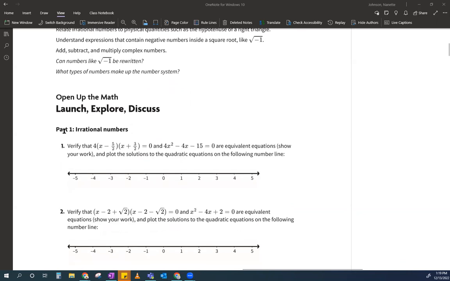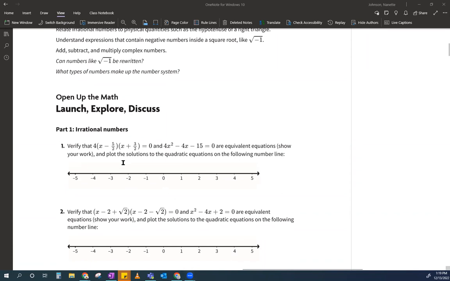Okay, so the very first thing that we're going to do is irrational numbers. Verify that 4 times the quantity x minus 5 halves times x plus 3 halves equals 0, and 4x squared minus 4x minus 15 are equivalent equations. Show your work and plot the solutions to the quadratic equations on the following number line.